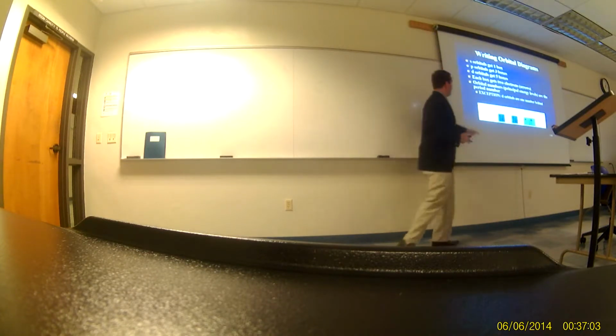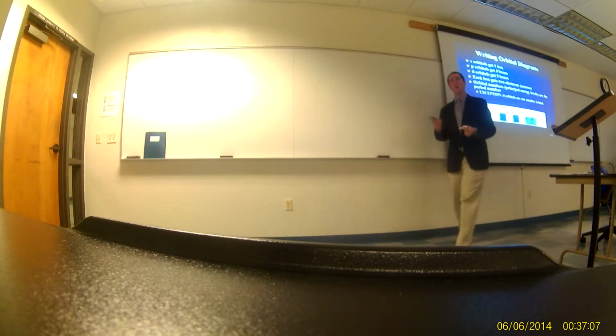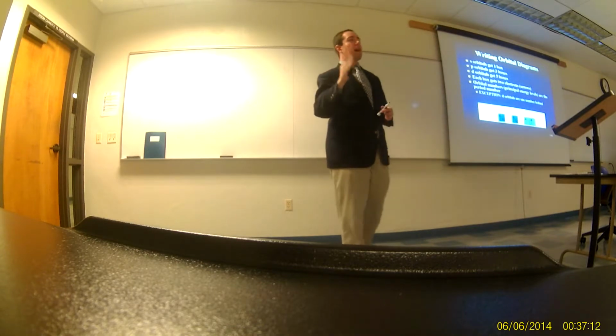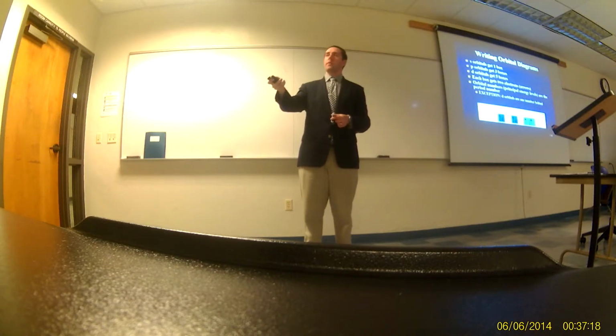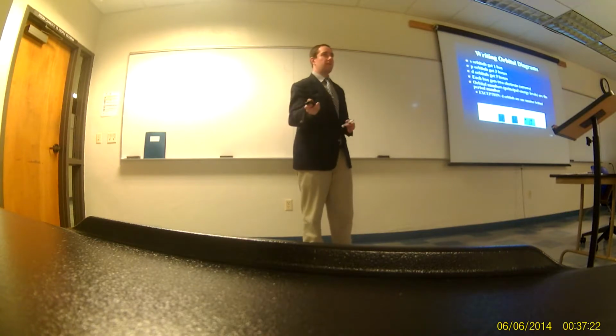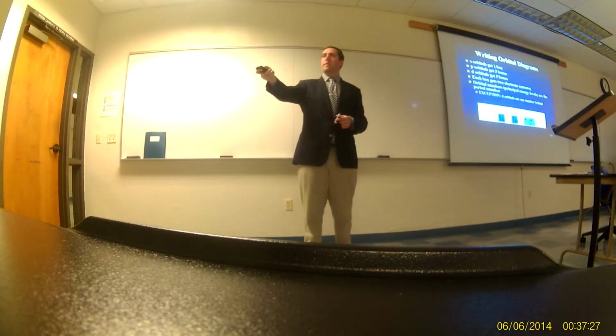If you want to write the orbital diagram for carbon, you always have to start in the top left corner. No matter what element you're doing, you start in the top left corner, and then you work your way to where you need to be. So we're going to start in the top left corner, and then the first orbital is 1s. If this is 1s, what orbital is this? 2s.